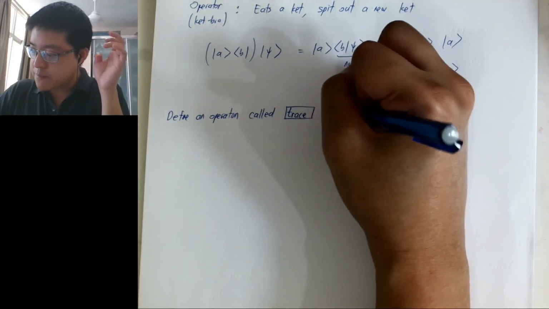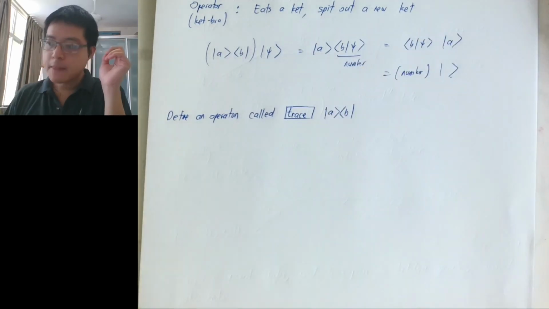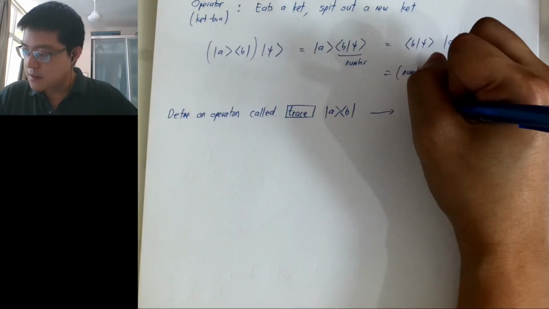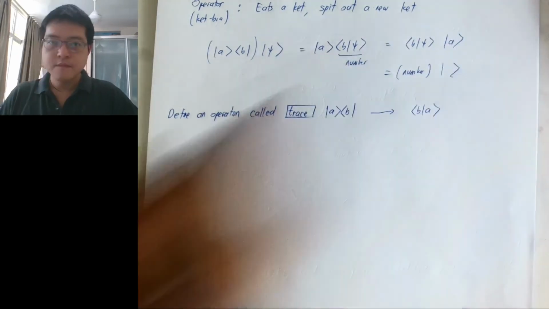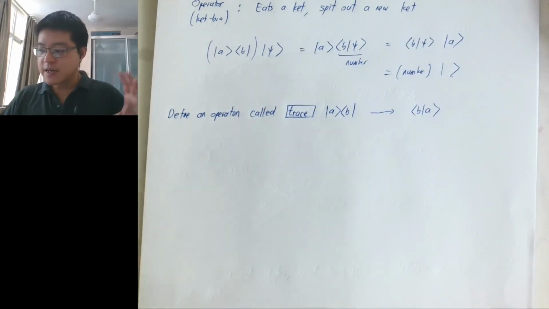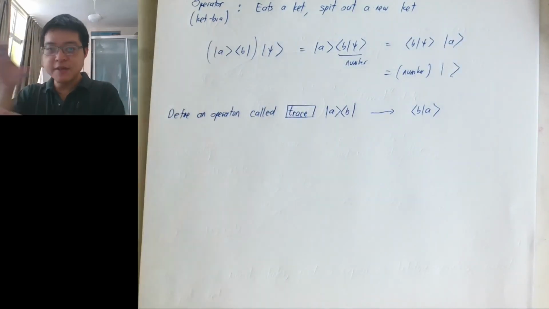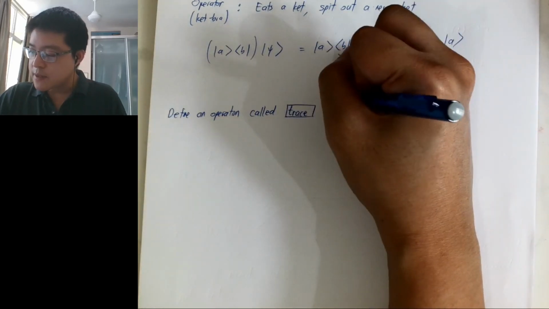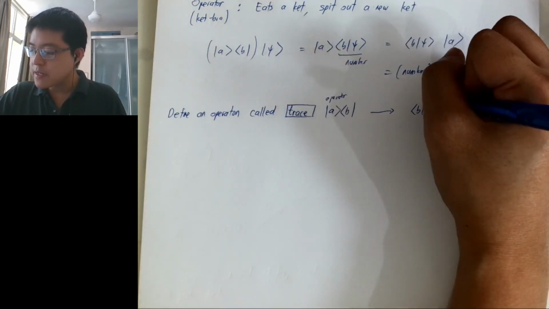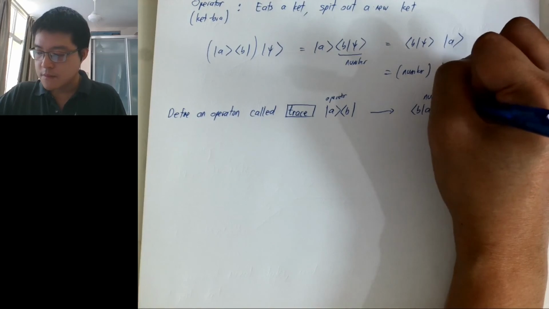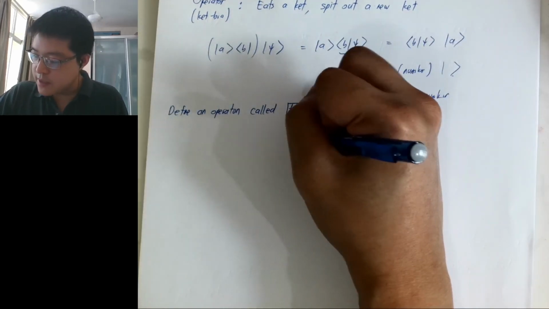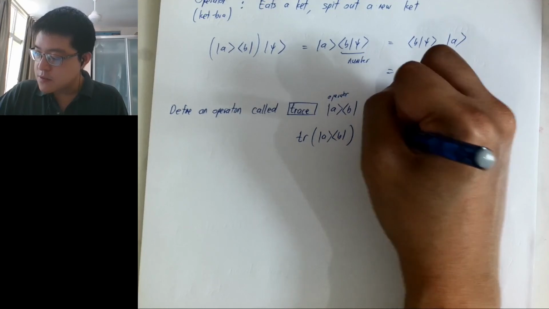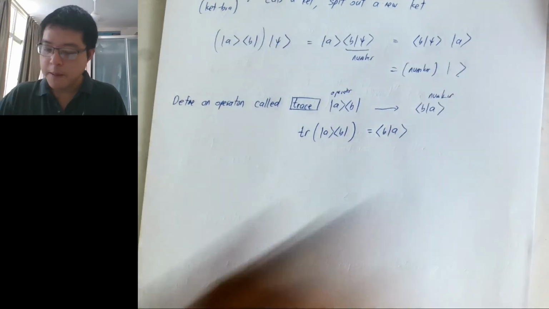If I have a ket bra |A><B|, I just reverse the order and multiply them together, <B|A>. It becomes a number, so the trace turns an operator into a number. The notation is Tr(|A><B|) equals <B|A>.